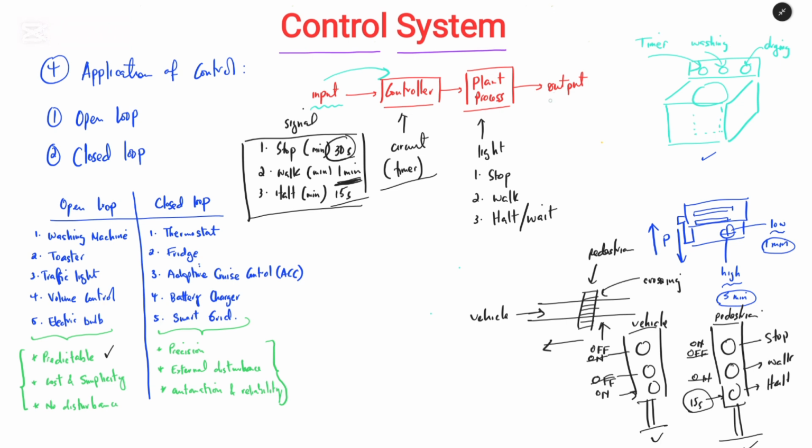So we can say that the output is the vehicle or the people. So if we have feedback, that means we will normally monitor the vehicle and the people so that the signal input can vary with respect to the actual happenings at the crossing.